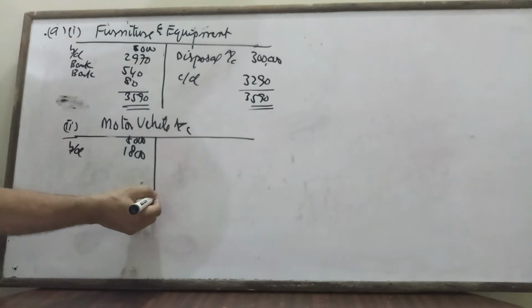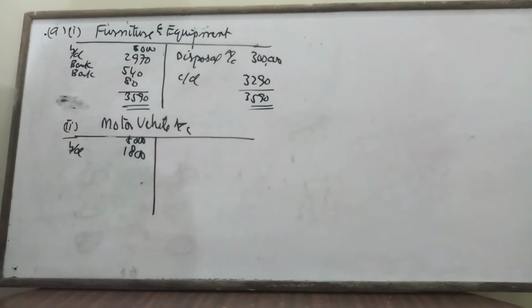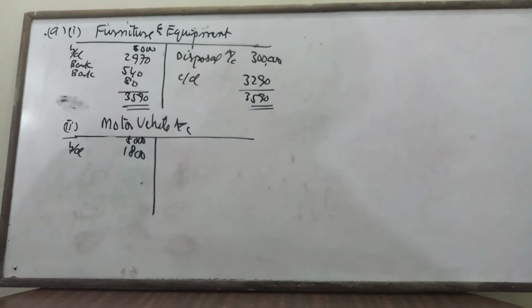Similarly, you can follow the same way for requirement number two, the motor vehicle account. For motor vehicle, point number two is given on the back of this paper. Point number two says that on 1st February 2009, three new motor vehicles were purchased for 80,000 each.